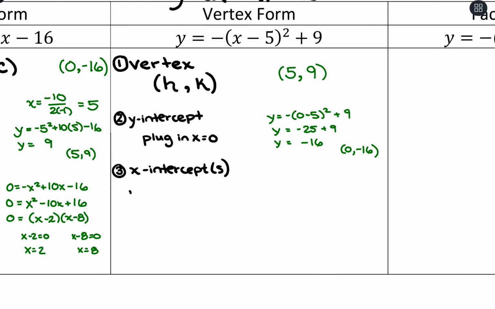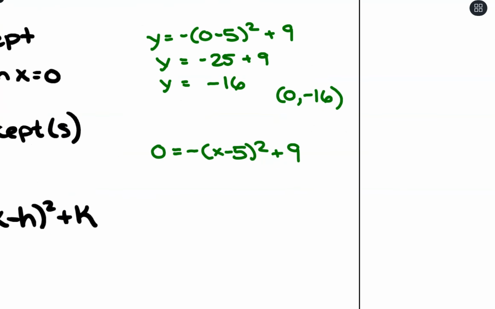What we're going to do is solve 0 equals a times (x minus h) squared plus k, and we can do this using the square root method. Let's see how this comes out. If I have 0 equals negative (x minus 5) squared plus 9, I can subtract 9 from both sides. What I'm working on is isolating that (x minus 5) squared piece, getting it all alone on one side of the equation.